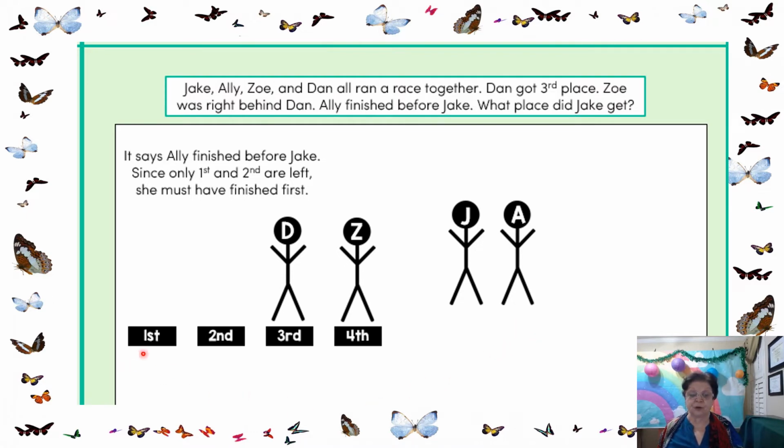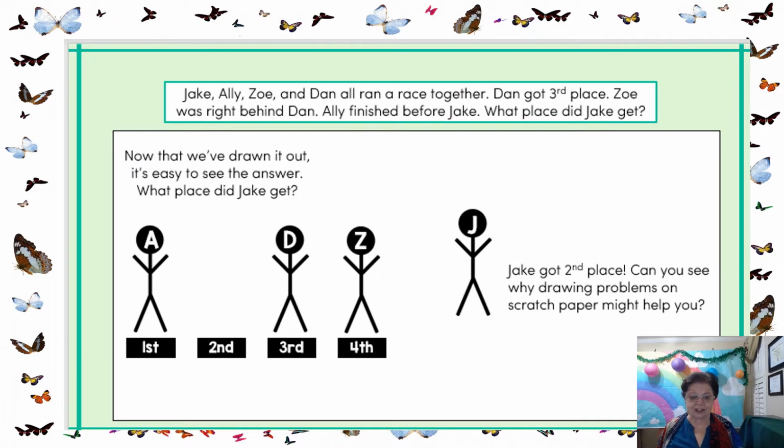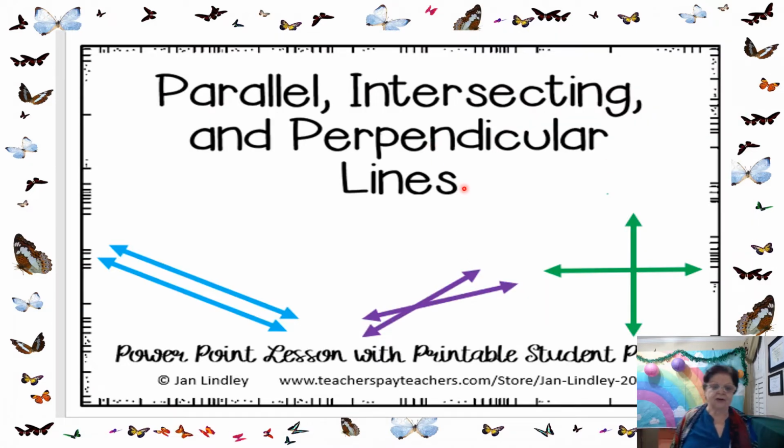She finished before Jake. So what place is Allie in? That's right, she's in first place. And now we know that Jake got second place because that's the only one left. The easiest way to figure out a problem like that is to draw it out on your scratch paper. Use your scratch paper.